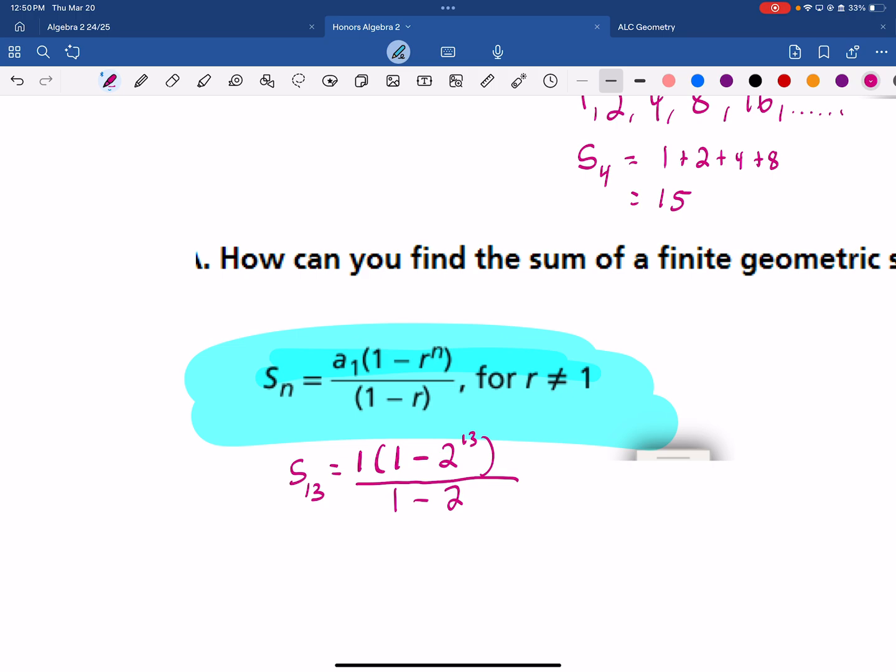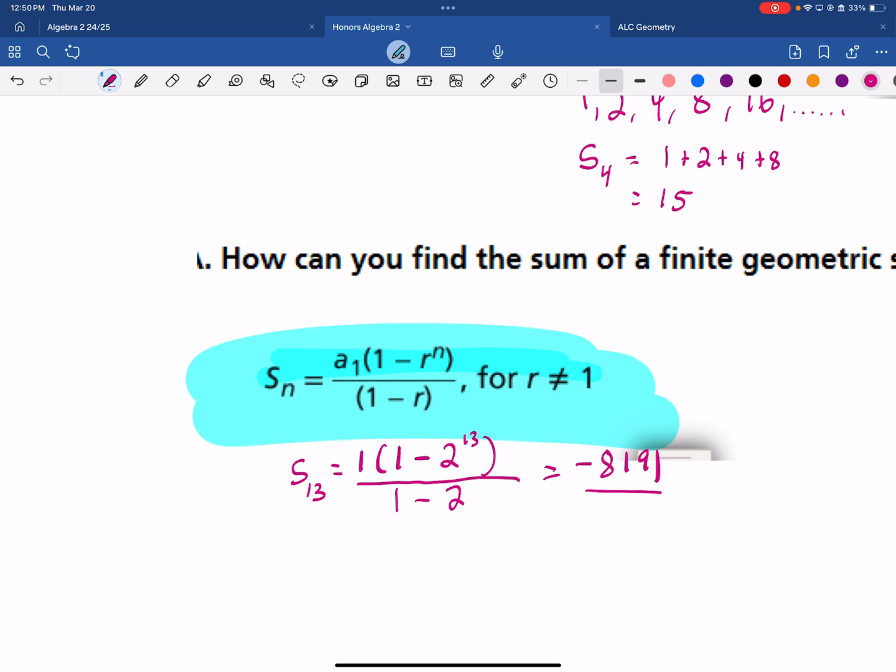You should have gotten negative 8,191. And then this is going to be divided by negative 1. So 8,191 is the sum of the first 13 terms in that sequence.